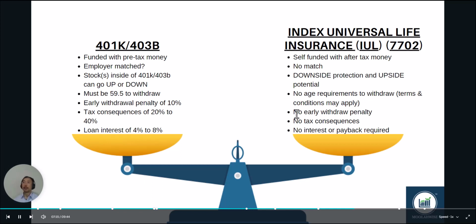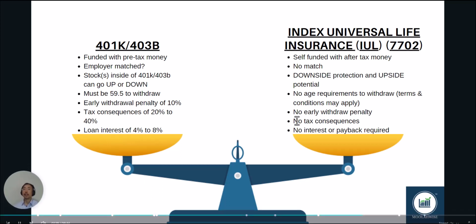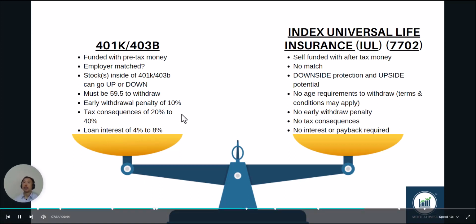I'll talk more about that in a future video, but just know that there's no age requirement to withdraw your money. You might have to pay a fee, but there's no age requirement. Over here, if you're under age 59 and a half, you would have to pay a fee. But here, you may have to pay a fee, you may not, which is why I said terms and conditions may apply.